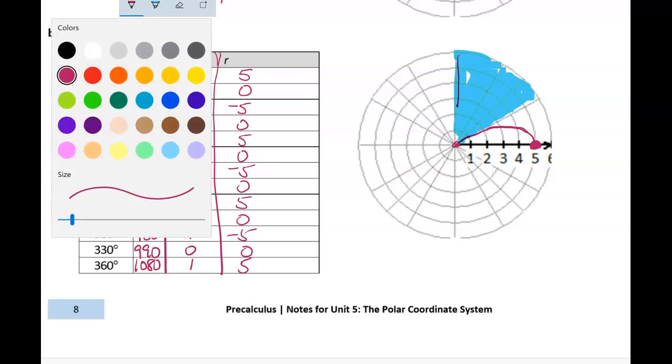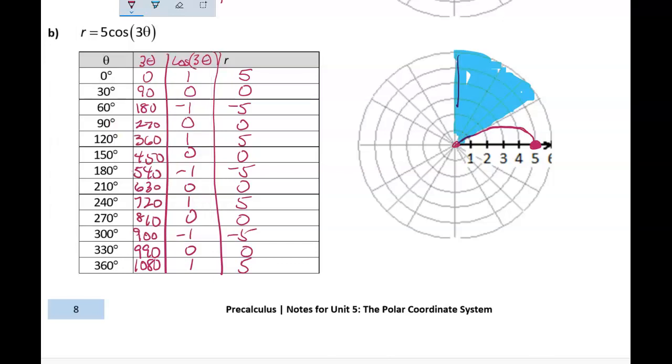So that means our graph is going to appear in the opposite quadrant between 30 and 90. So at 60 degrees, the radius is -5. And then by the time we get to 90 degrees, the radius is back down to 0. Okay, so now we've graphed all the way from 0 to 90 degrees.